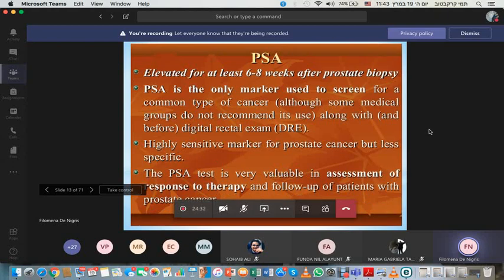PSA, of course, is not the only marker that we use. Sometimes we use other instruments to make the right diagnosis. But PSA is very, very sensitive and is elevated weeks before we can detect it with rectal examination of the prostate. It is highly sensitive, and we use it to follow patients and also to assess the response to therapy.